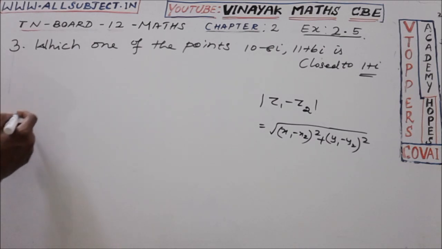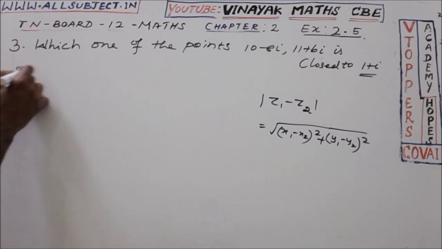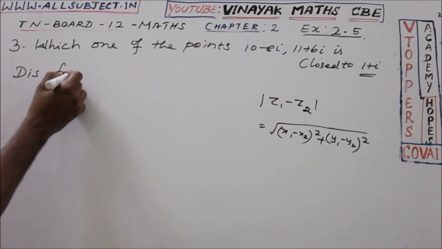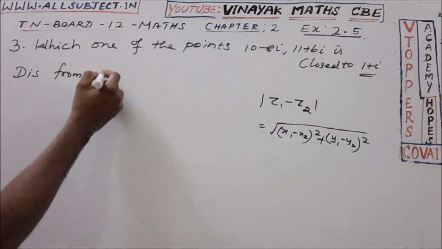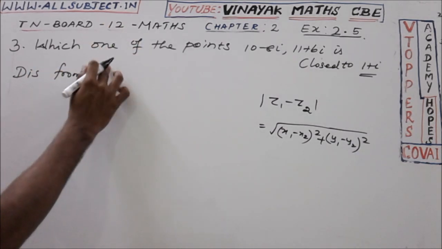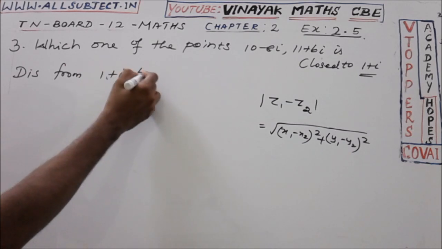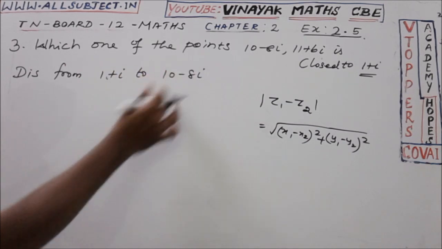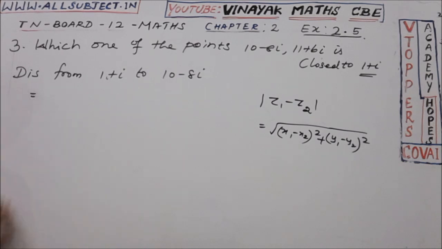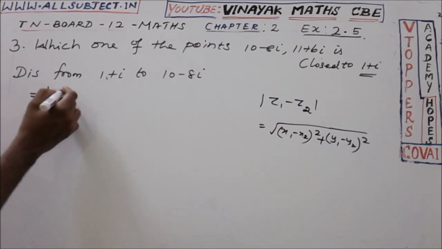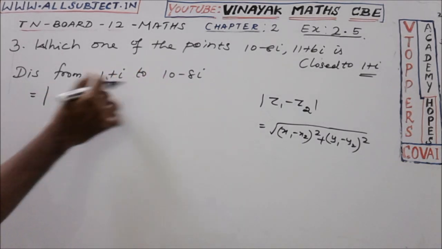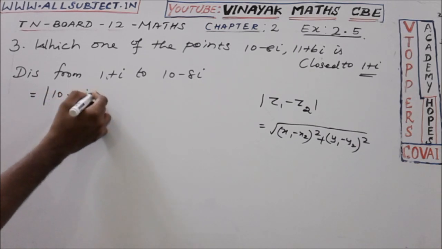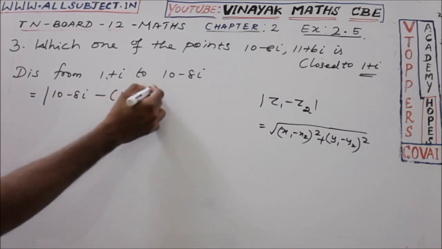Distance from 1 plus i to 10 minus 8i is equal to modulus of (10 minus 8i) minus (1 plus i).